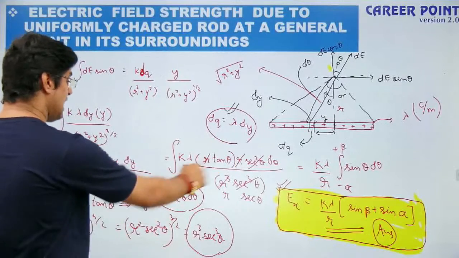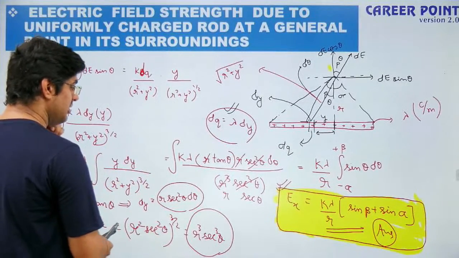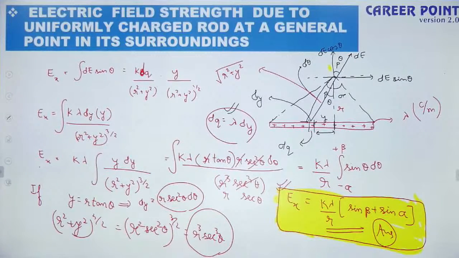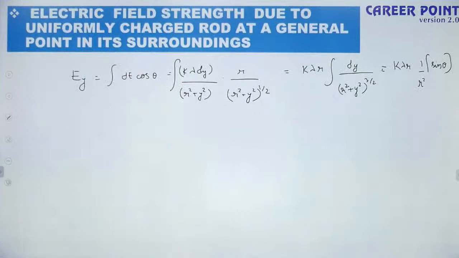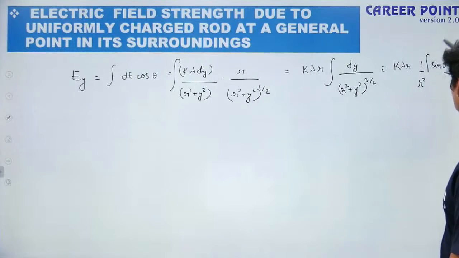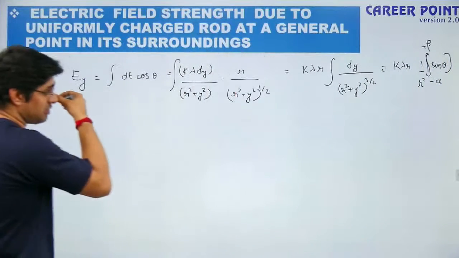Now see, after integration here we were getting sin theta, and after integration there what will we be getting? So from here we are getting K lambda r, 1 by r square, sin theta integral from minus alpha to plus beta.